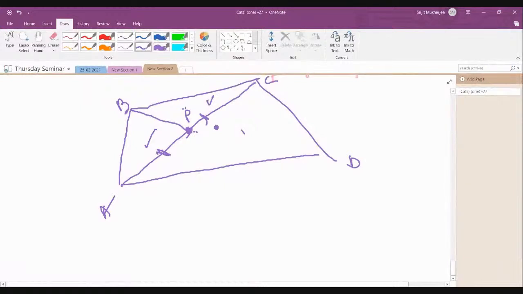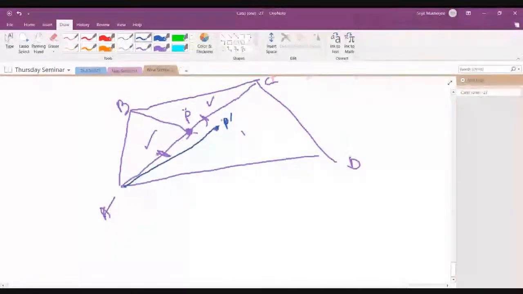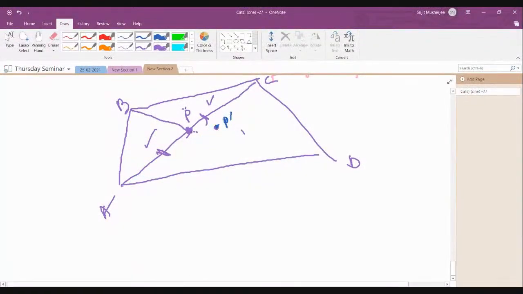Now let's take another point P dash for which this also holds. Similarly, P dash must be parallel to BC and P dash must also be parallel to AB, which cannot hold. Therefore, we get that P and P dash must be equal.